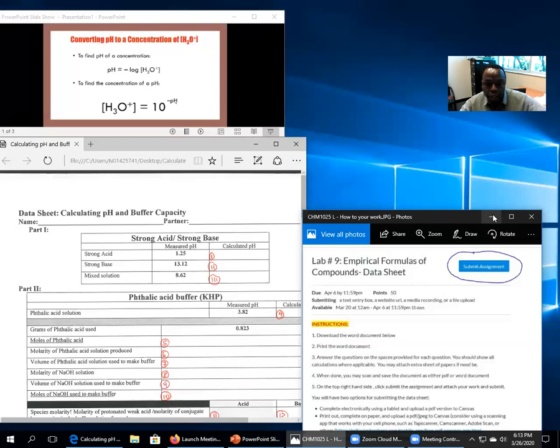As far as our experiment tonight, if we were to come to lab, we could just perform the experiment on calculation of the pH and buffer capacity. Before I explain that, I want you to go back again to your lab manual.